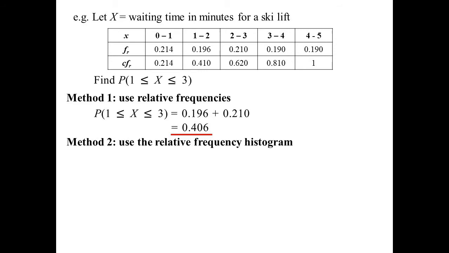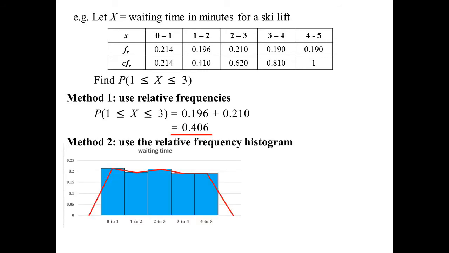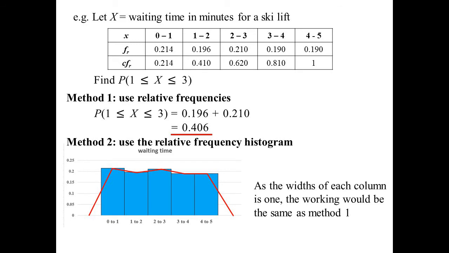I could have used the histogram. So there's our histogram and polygon as well. In this case, conveniently, I made the width of each class 1, which makes life a bit easier. So the working out would be the same as method 1, because I'm just finding the area of these two rectangles, and we also end up with 0.406.